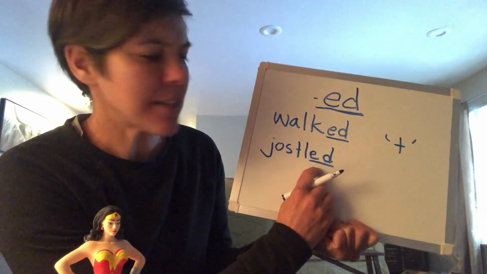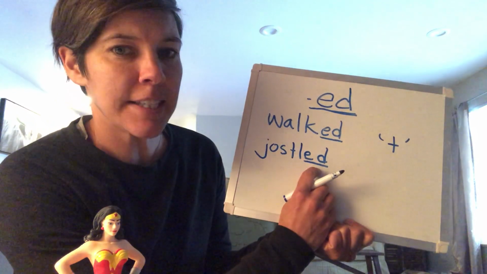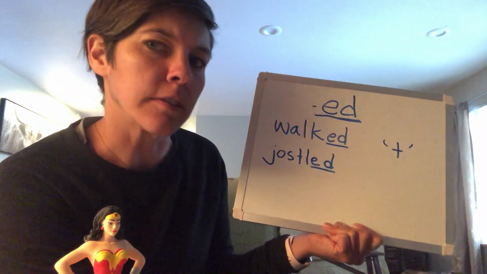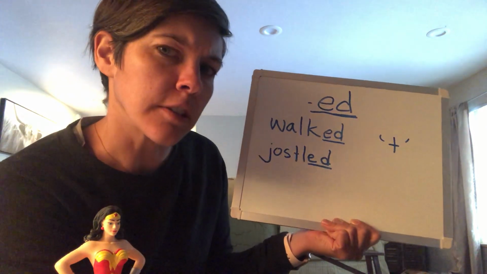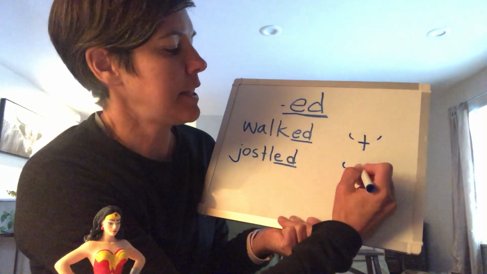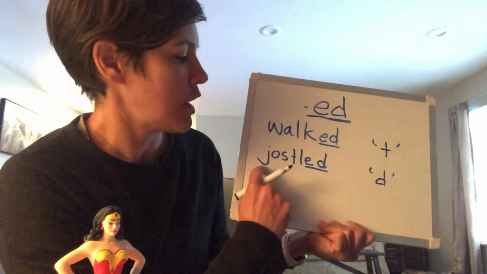In this word, jostled, we know that it happened in the past because it has ed at the end, but the ed makes a different sound in this word. Jostled. Do you hear it? In this case, ed makes the d sound. D. Jostled.